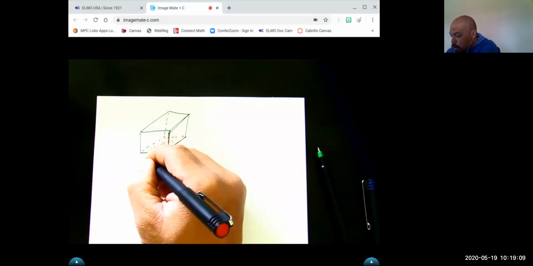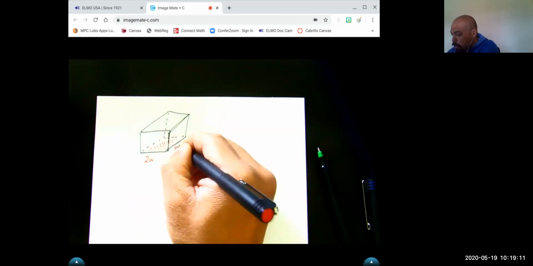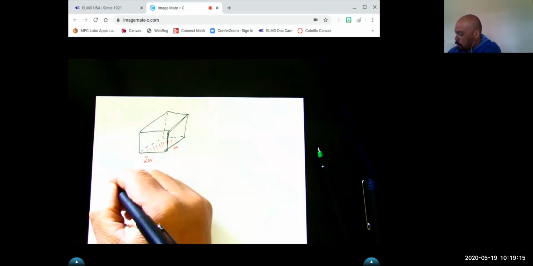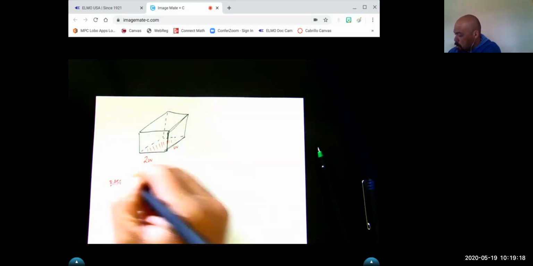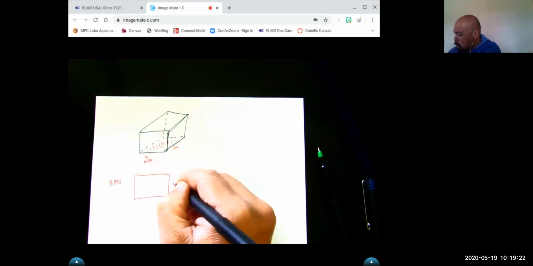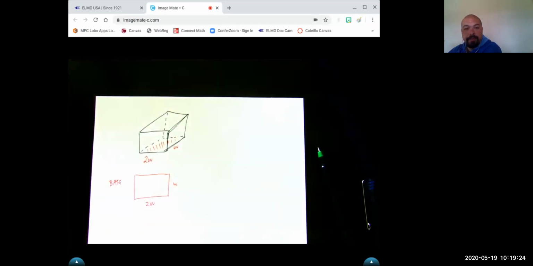The length was 2W, the width W. I know not drawn to scale. Okay, so there's that base.